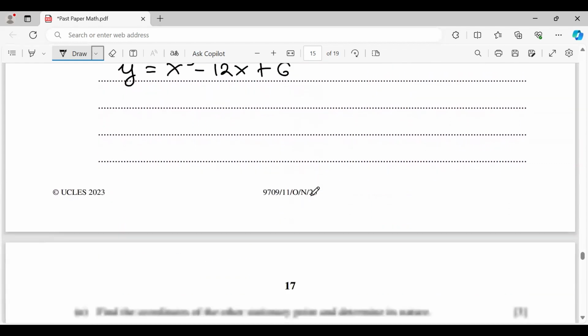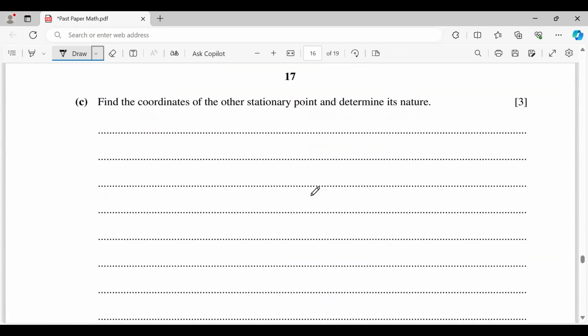Right. Part c: find the coordinates of the other stationary point and determine its nature. Okay, the equation of the curve is x cubed minus 12x plus 6.